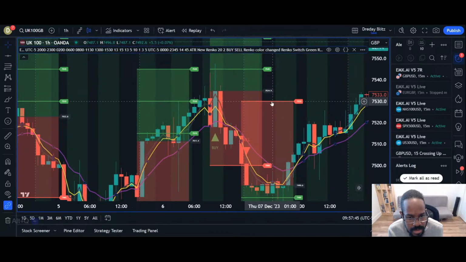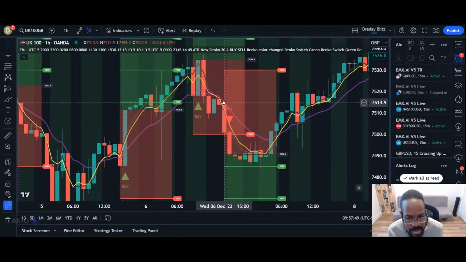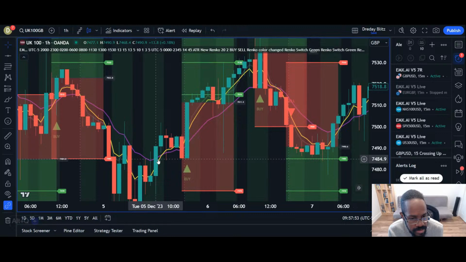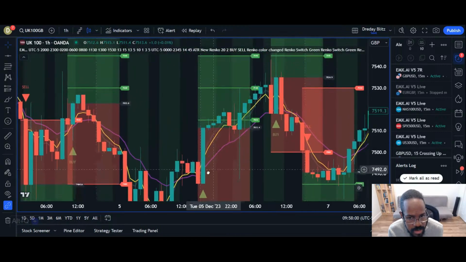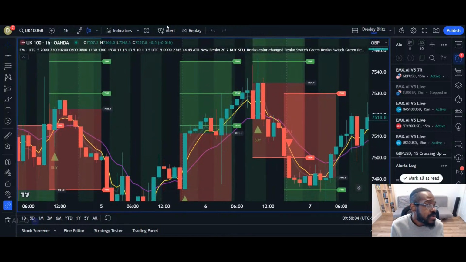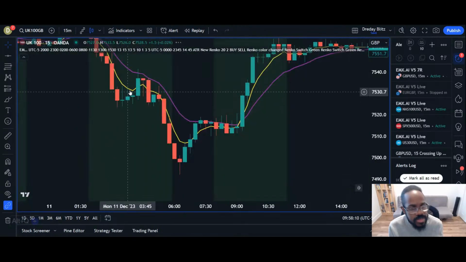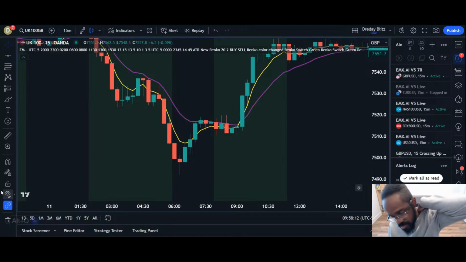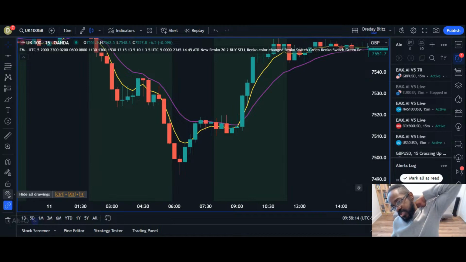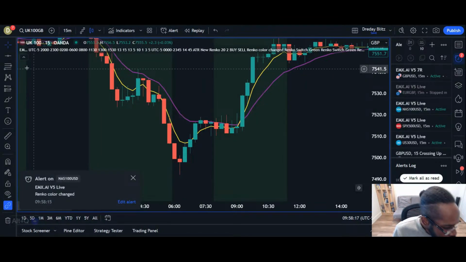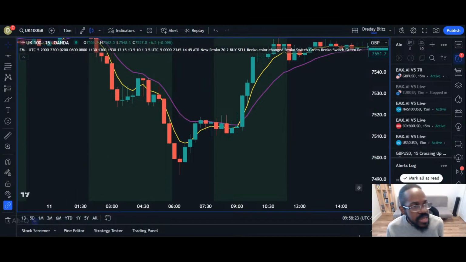That buy lost, that sell one, but not that much. That buy one from last week, a week ago, that was a good setup. So just check it out and see exactly what makes sense. But mostly for UK 100, London will be the best time to trade it. So I would focus on that.